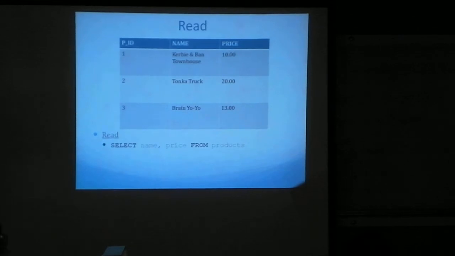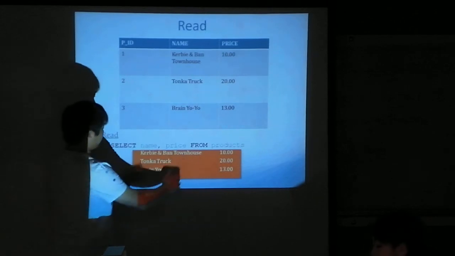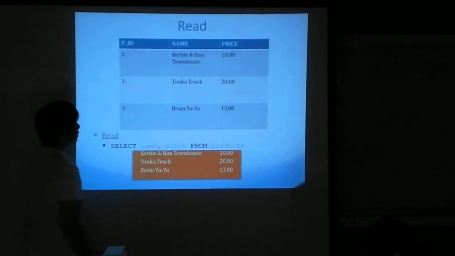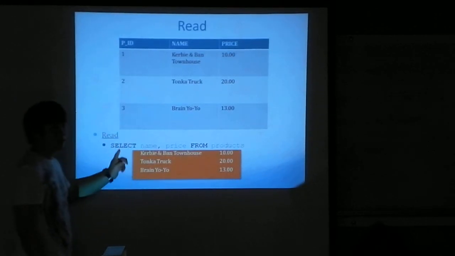Yeah, it's the same table but without the PID. Right, exactly. You would basically get results that look like this. It just gives you the product name and the price. Because you didn't select the PID, it didn't give you a PID in the results.